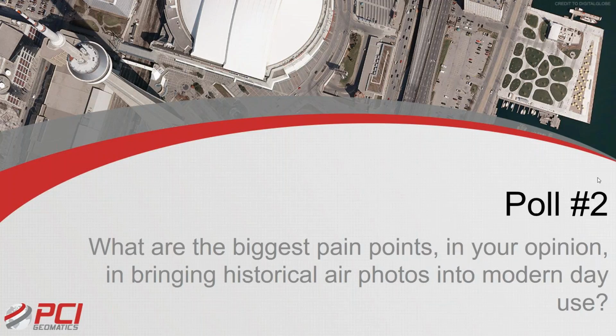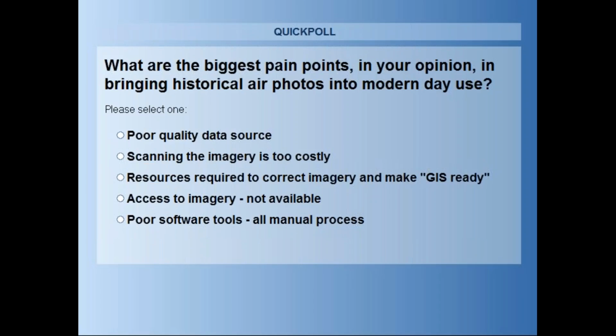We heard from Eve some of the pain points that they had. Let's hear from you. Some of the issues are typically that the data source is poor quality. Maybe the pictures have deteriorated. Some of you may think that the scanning of the imagery is too costly, although we heard from Eve that they actually used just a simple office scanner, which did the job.